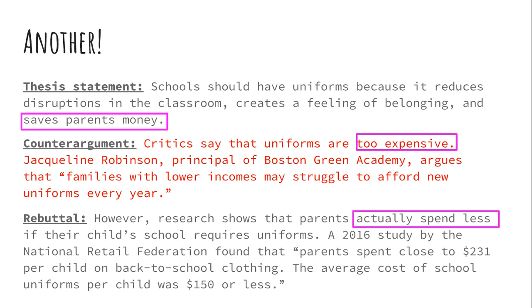Parents are going to spend less money on uniforms than they would if they had to spend it on regular clothing. So again, we need to make sure that all three of those things are connected, which they are. And this is a great rebuttal again because it's disproving that counterargument. It's showing that uniforms are cheaper than buying regular back-to-school clothing.